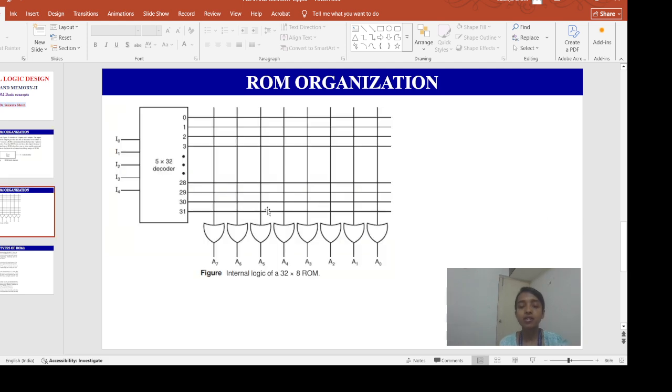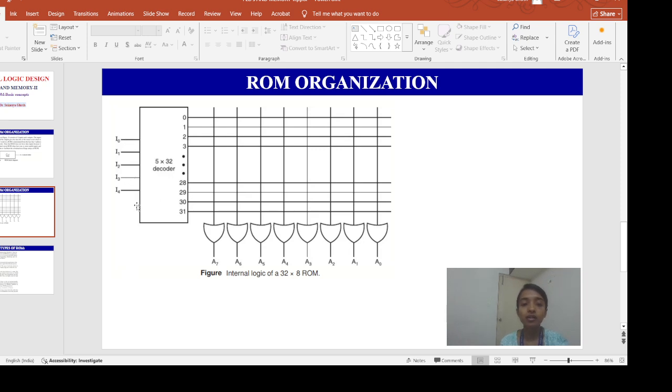Now, if you consider over here a 32 by 8 ROM, the unit consists of 32 words of 8 bits each, and there are 5 input lines.